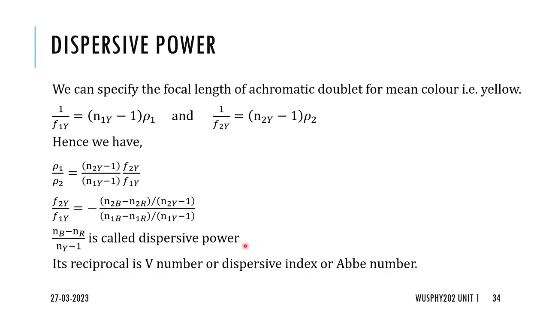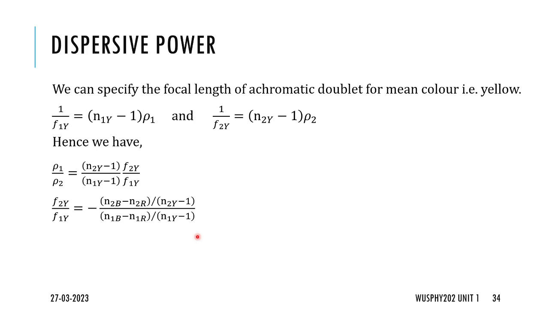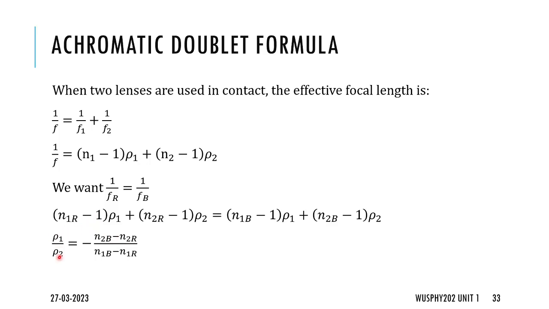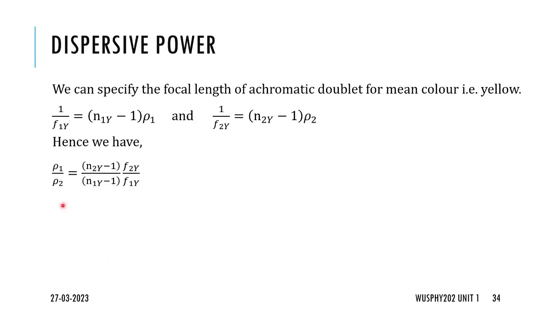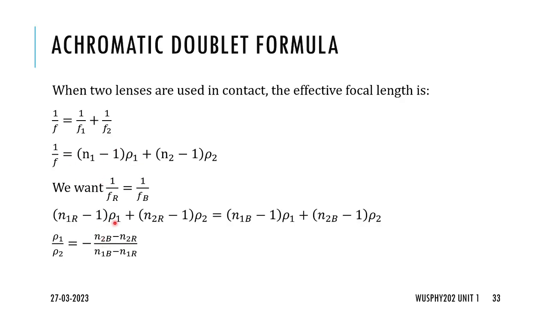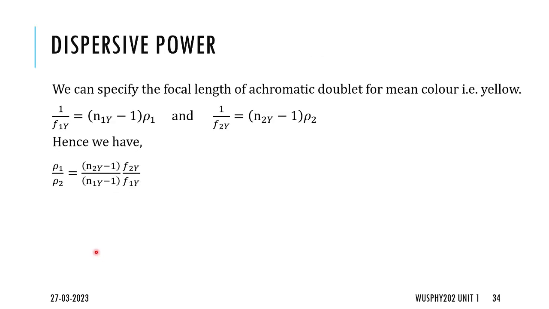Sorry sir, can you please repeat the last step? I did not follow. See this, we have equated rho 1 by rho 2 equal to this with this. So when you write this right hand side equal to that right hand side, what we get is this equation.